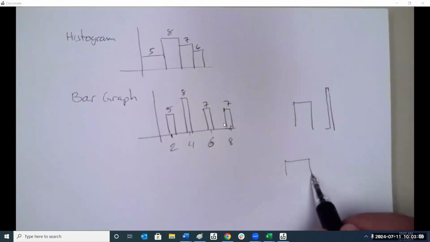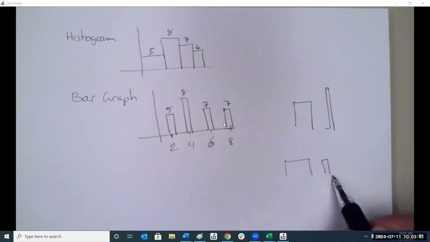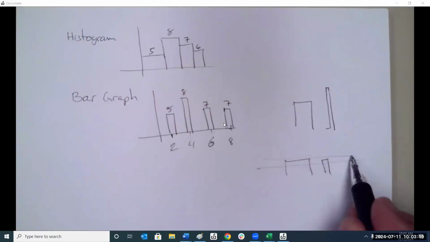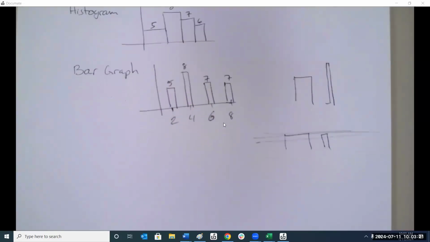Or if it was like this even. So to get that away, even though it's the frequency, it's only how high it goes that's important. That's why you want them all to be the same width, so there's no other ambiguity about it.